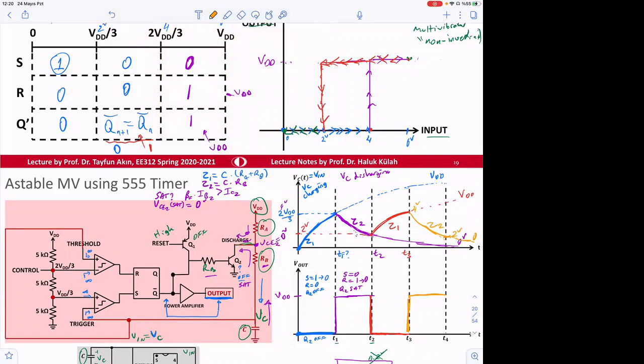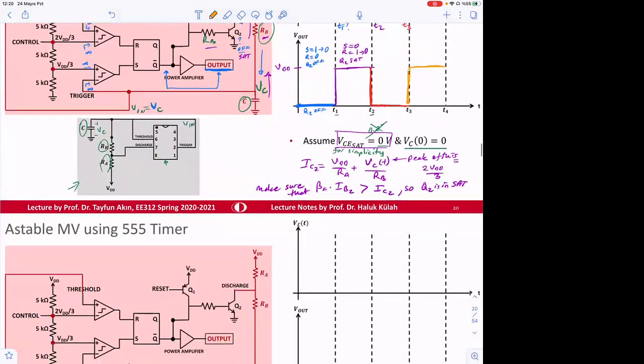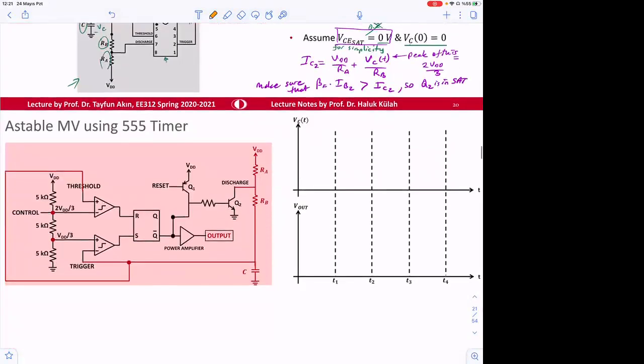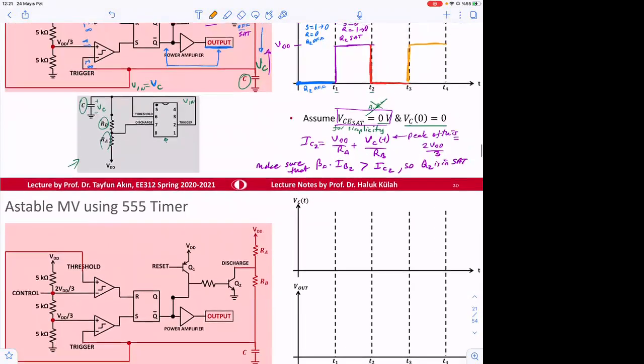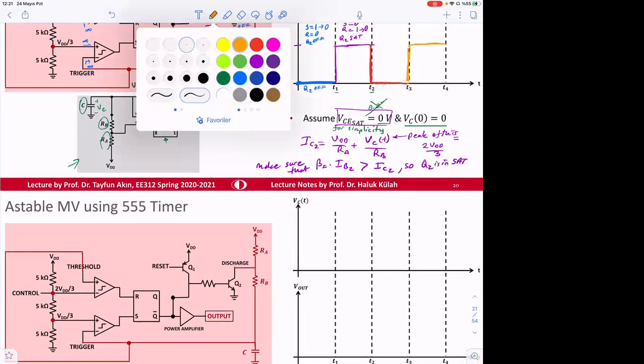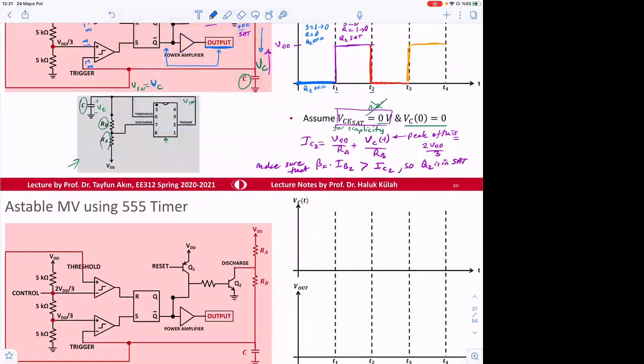Okay. So now from the capacitor, we can determine the time periods here. Let's just carry that signal here. This will be increasing till here. So this is, let's say, 2 VDD divided by 3.